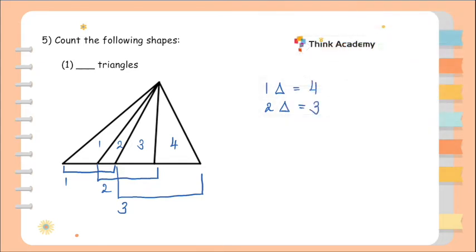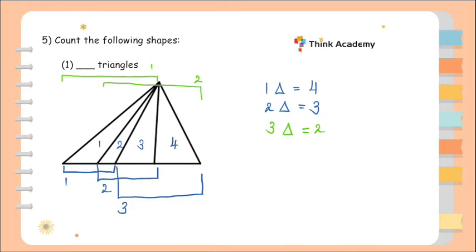So now why don't we move on to a group of 3 triangles? How many can I make? Pulling from 1, 2, 3, I'm going to make 1, right? And then pulling from 2 to 4, I'm going to have 2. So in a group of 3 triangles, I have 2.